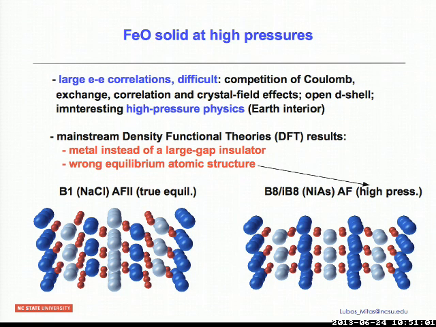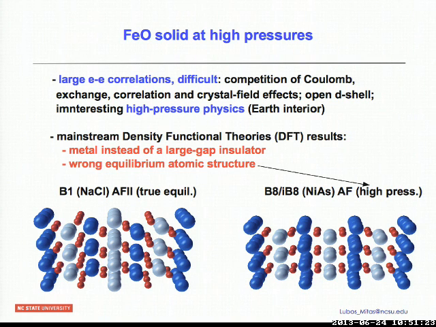You can have metal, you can have insulator, you have superconductor, you have ferroelectrics, you have mixtures of multiferroics and whatever. Basically, those systems have very complicated possibilities, and it's because you have a competition of Coulomb exchange, correlation, and crystal field effects. And there are many possibilities which can happen.